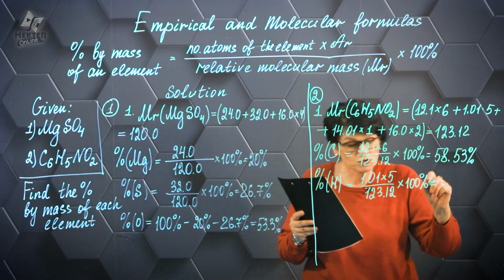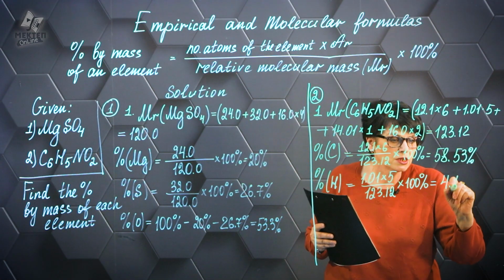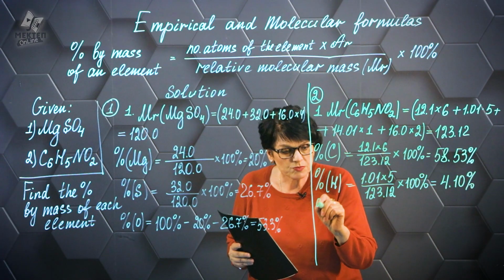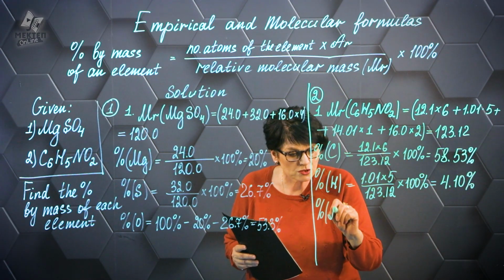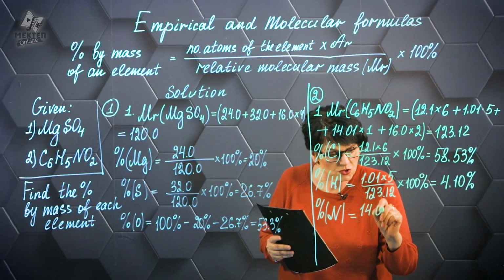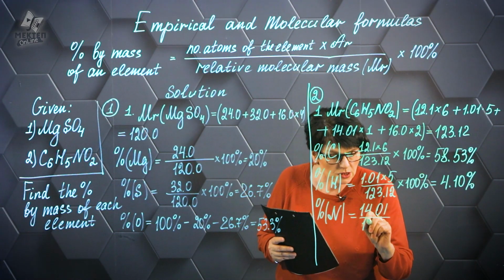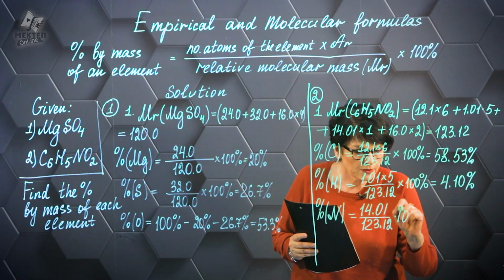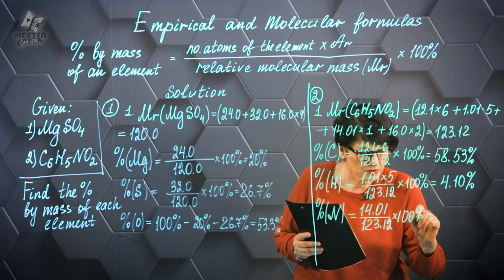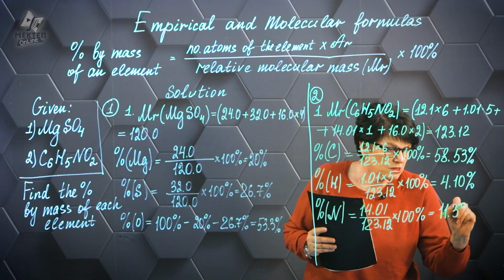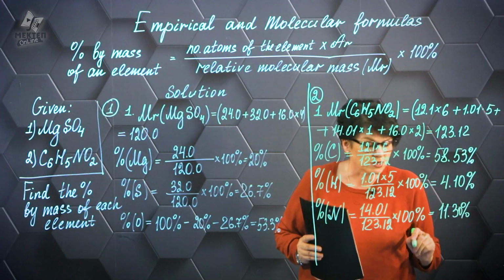And in this case, we get 4.10%. Now we move on to nitrogen. For nitrogen, it will be 14.01 divided by 123.12, multiplied by 100%. For nitrogen, the value obtained is 11.38%.